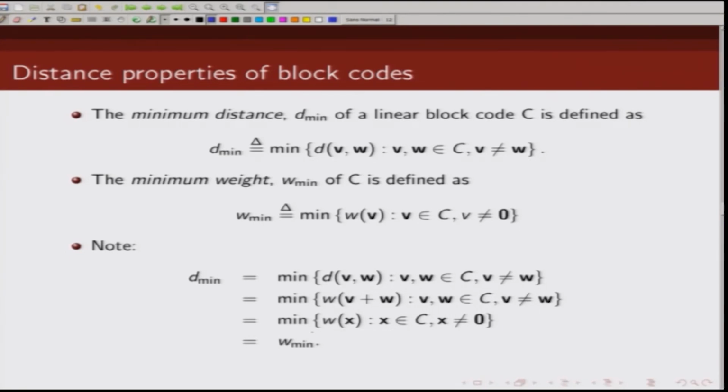In other words, this is nothing but the minimum weight of linear block code C. So, we can write that the minimum distance of a linear block code is equal to the minimum weight of a non-zero code word belonging to C.